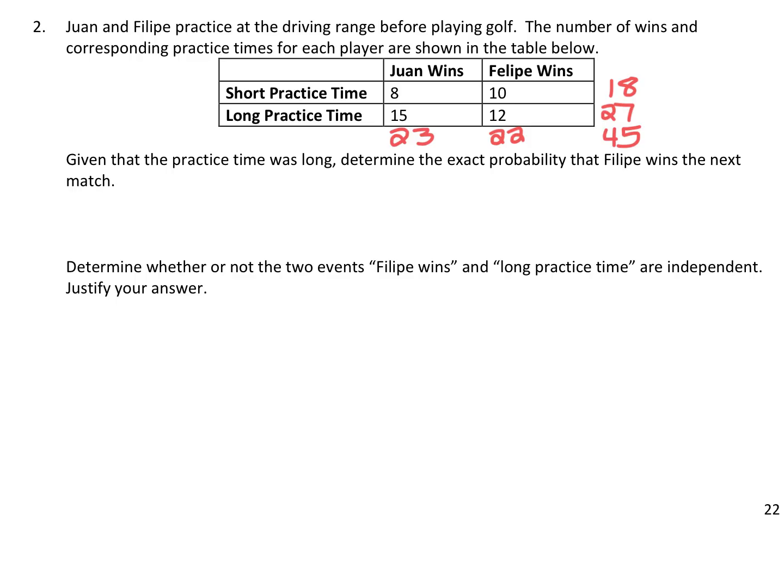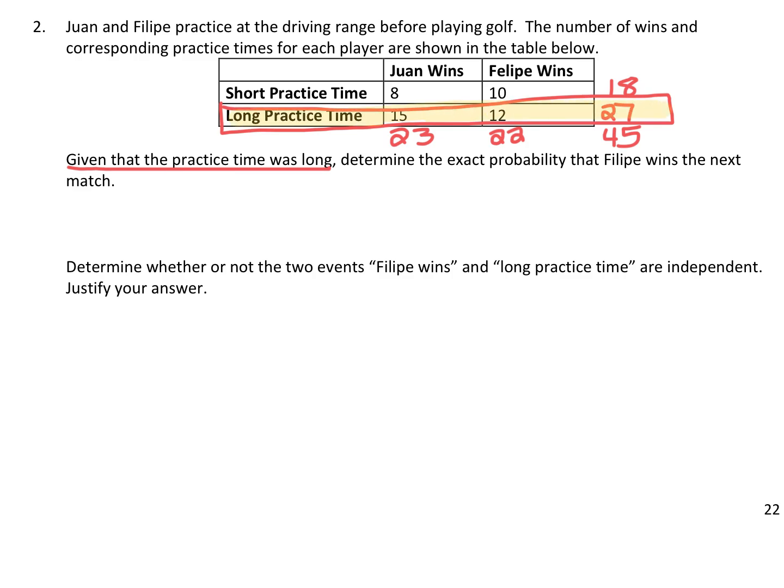The first part, given that the practice time was long. So again, we see the word given, so we're starting here. Given that the practice time was long. So this right here is our given category, okay? We're only going to use numbers within this box, okay? So these are the only numbers we're allowed to use, nothing outside of that.